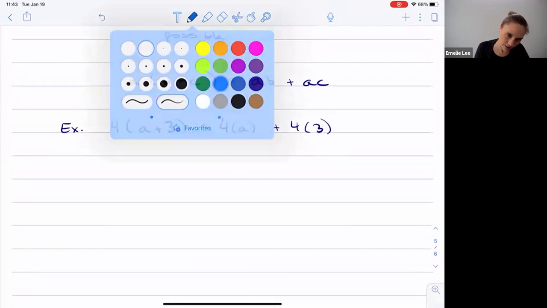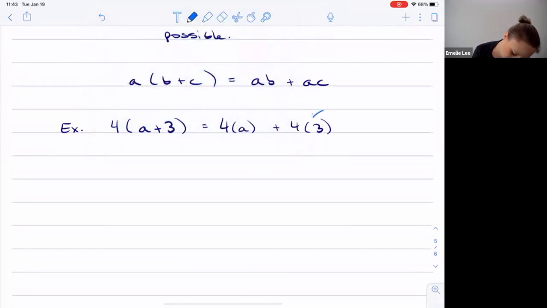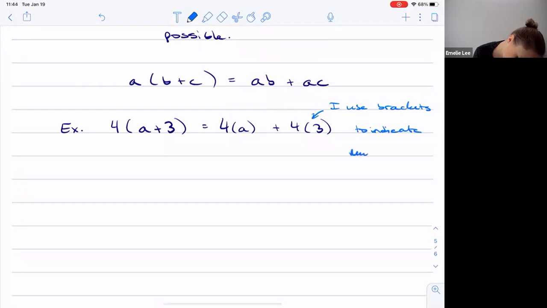Here I use brackets to indicate multiplication.